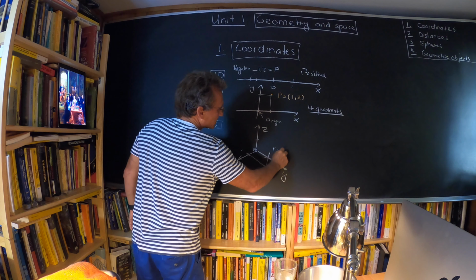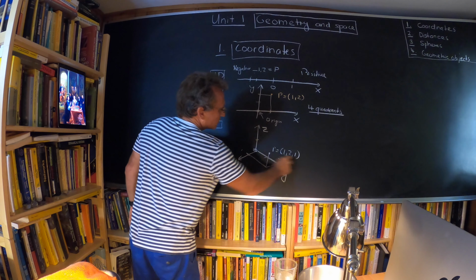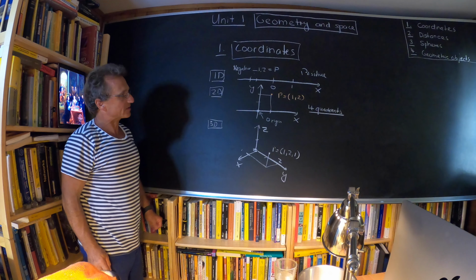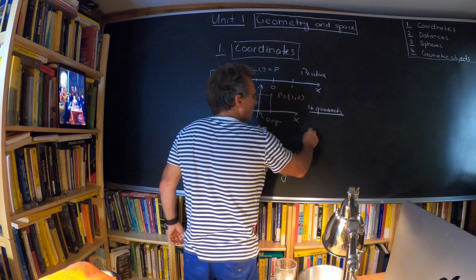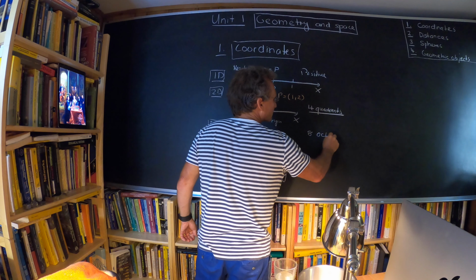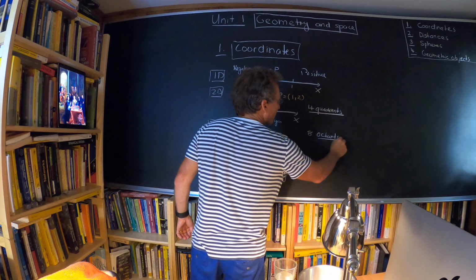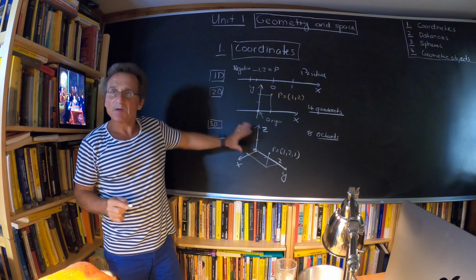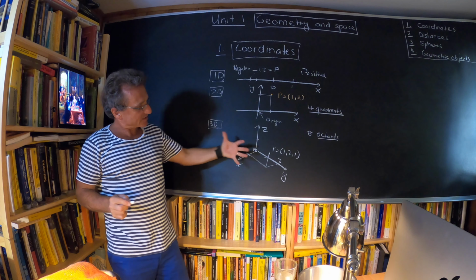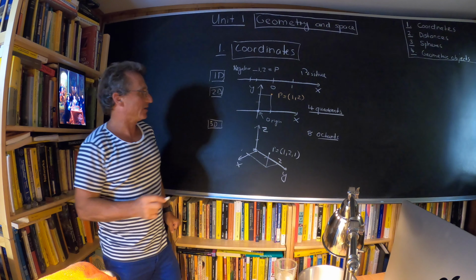P is equal to (1, 2, 1). We have 3 coordinates, and so we have 8 octants. The first one is when all the coordinates are positive. That's the one coming forward here.